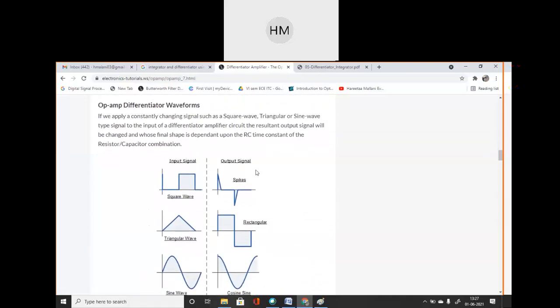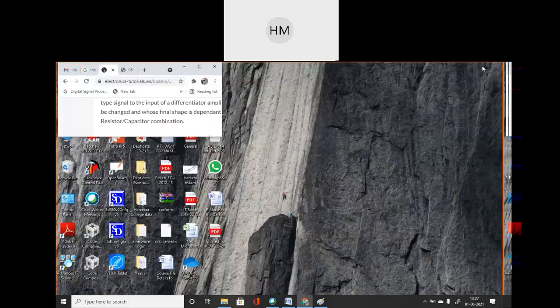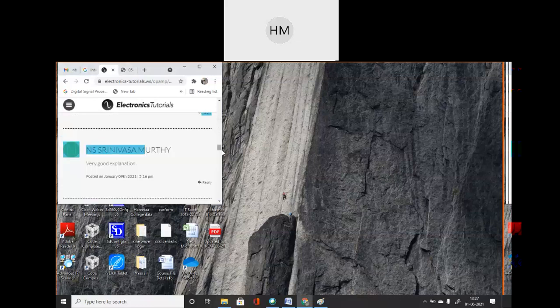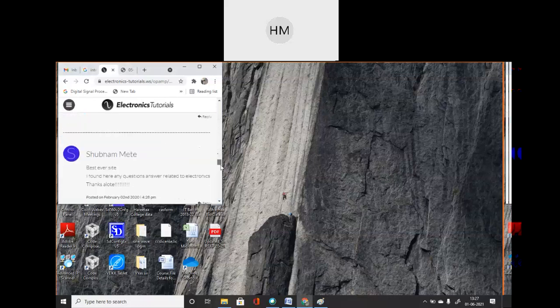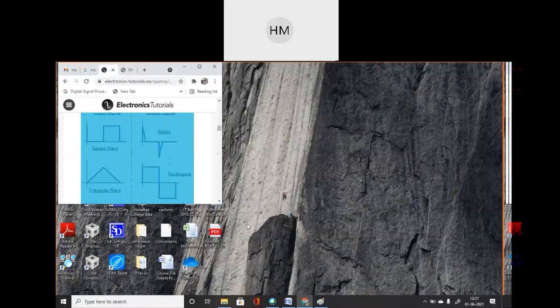You can see simple waveforms over here. It's visible, students, to all of you. So I just want to show you some outputs. These are the output waveforms.